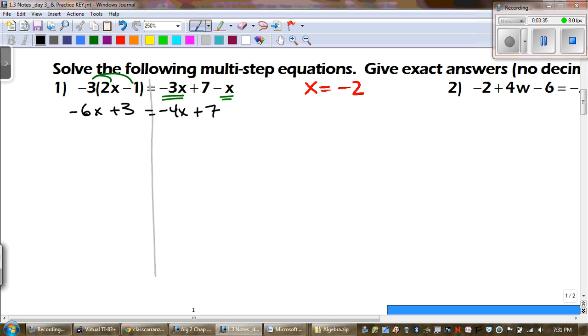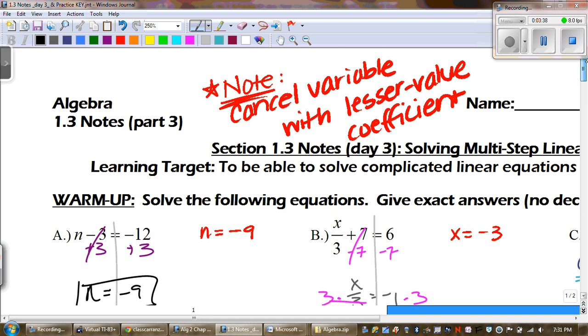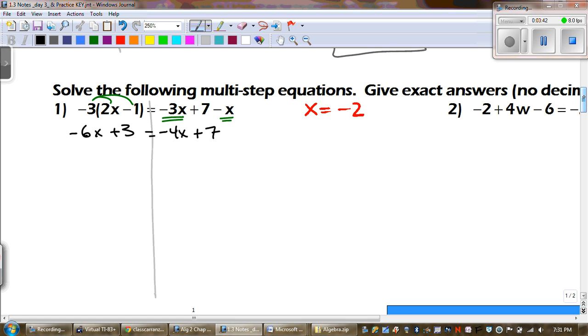Now, if you look at our note from the very top, it says cancel the variable with the lesser value coefficient. So I'm looking at -6 and -4, and which one is smaller? The smaller variable is the -6. So I'm going to add 6 to both sides, and then we get 3 equals 2x plus 7.